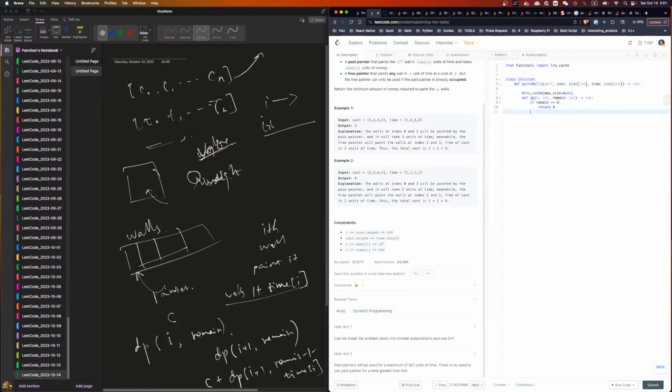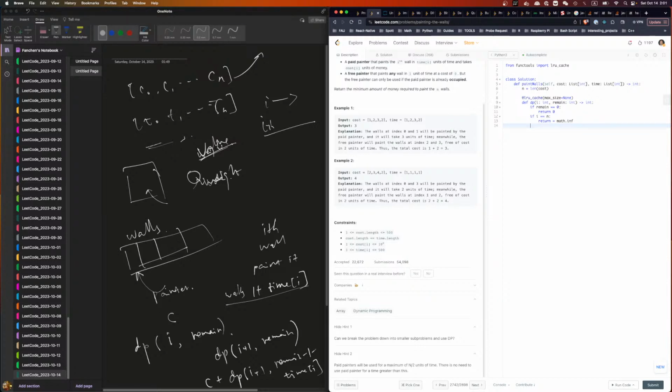We don't have any more to paint, right? If I is equal to n, but remain is not equal to 0, then we still have something. So shouldn't this equal to math.inf? Maybe infinite cost.